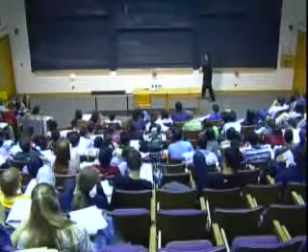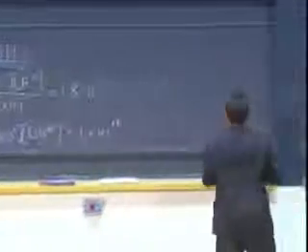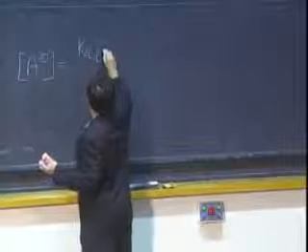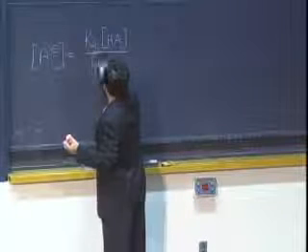So first, let's attempt to do that for A minus using this Ka expression. And I'm going to rearrange it. It's going to be equal to Ka times HA divided by H3O plus.